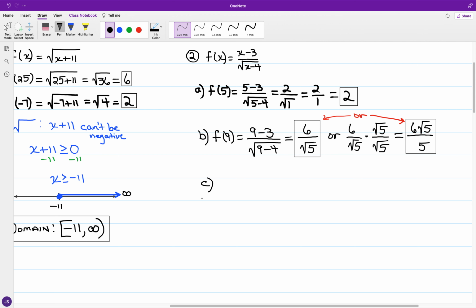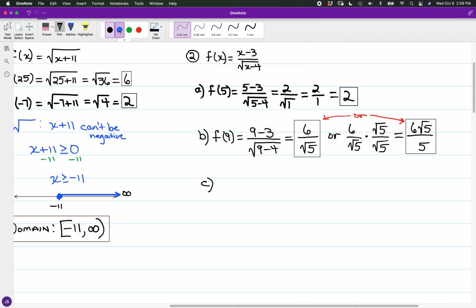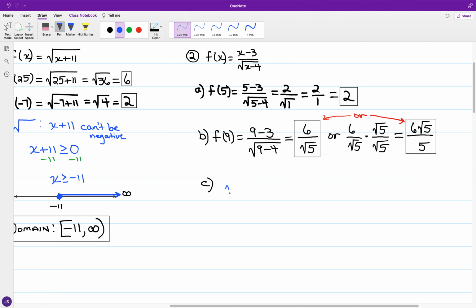Now, for the domain, again, with x minus 3 all over the square root of x minus 4, with x minus 4 we have a twofold restriction. Just like x plus 11 from the first problem, x minus 4 is inside a square root radical, so x minus 4 cannot be negative.